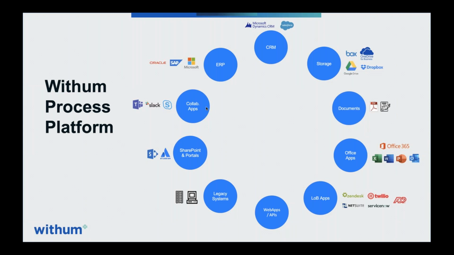And it won't be uncommon to see people using Microsoft Office, using line of business apps that are both on premises and inside the cloud, and also using SharePoint portals along with collaboration software like Slack or Teams, and from a database management standpoint using Microsoft technology, SAP, and/or Oracle.